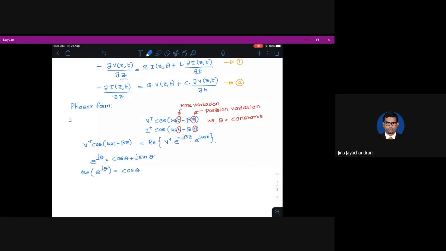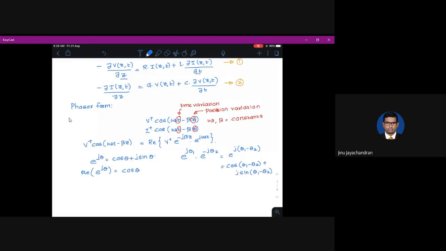Similarly, e raised to j theta 1 into e raised to minus j theta 2 is equal to e raised to j of theta 1 minus theta 2, which is basically cos of theta 1 minus theta 2 plus j sine of theta 1 minus theta 2.